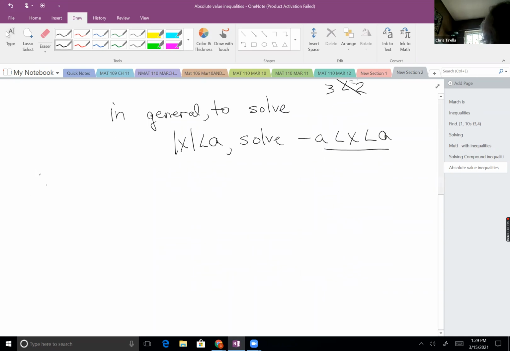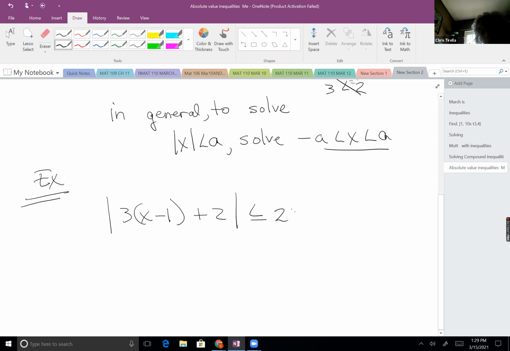So let's look at an example. Let's first look at something like the absolute value of 3 times (x minus 1) plus 2 is less than or equal to 20. Does it make sense that we're going to simplify as much as we can first? That gives me the absolute value of 3x minus 3 plus 2, which is 3x minus 1, is less than or equal to 20.